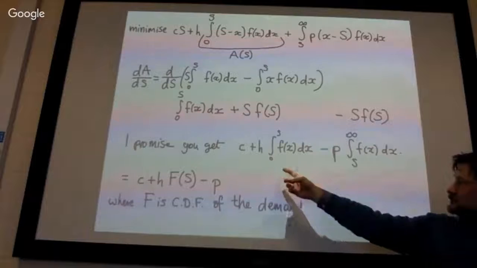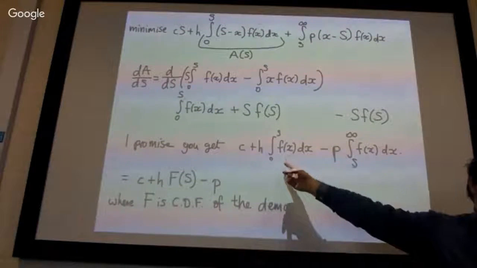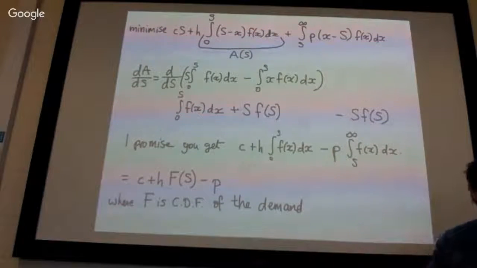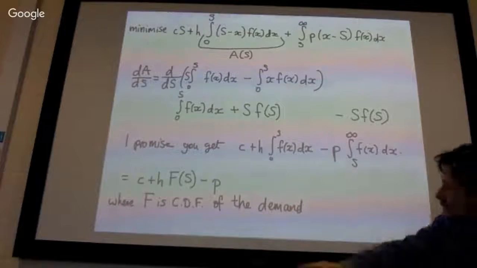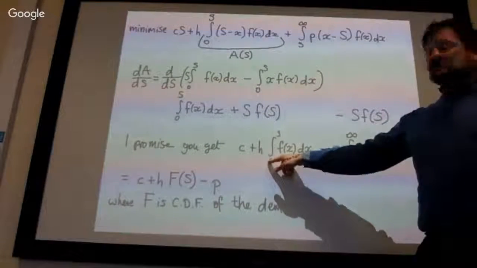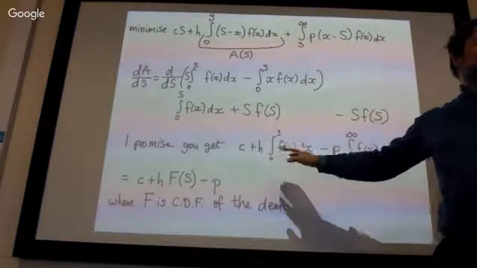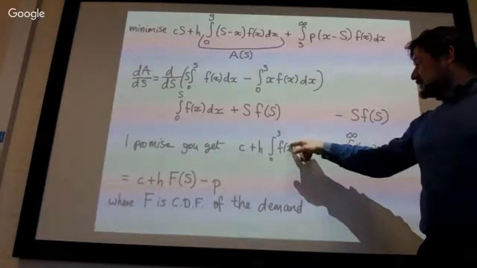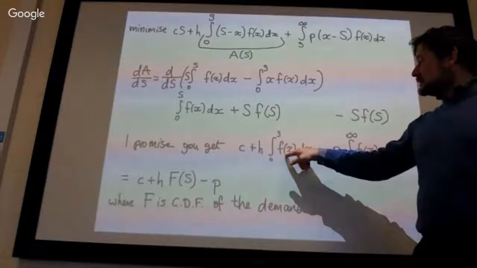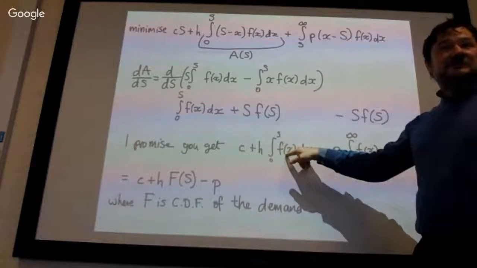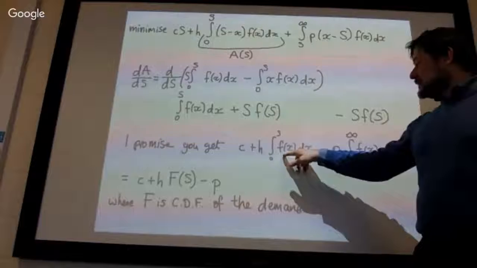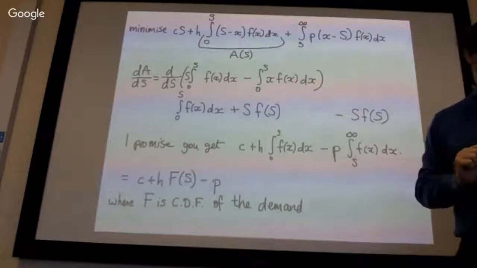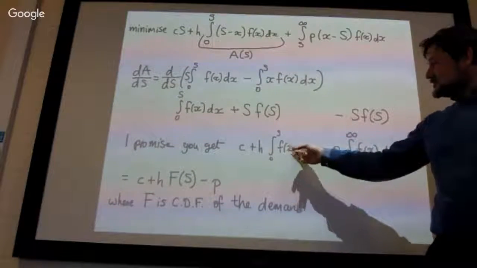Which somehow by definition is exactly this integral. Well, in the proper definition, it goes from minus infinity, doesn't it? But above there, f is only non-zero in positive values, positive x's.